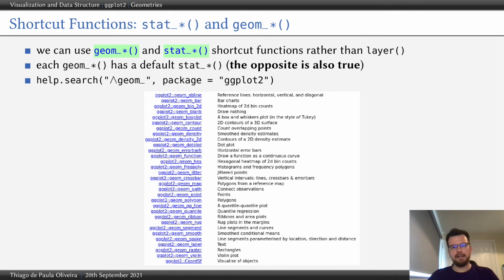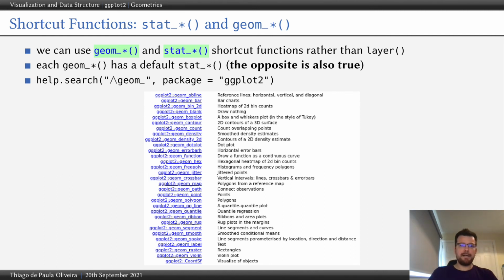Here we have an example of different geometries you can use to describe the graph you have in mind, basically. You can see different geometries like geom_abline to draw a line in the plot, geom_bar to draw a bar chart, geom_density, geom_dotplot, and so on.